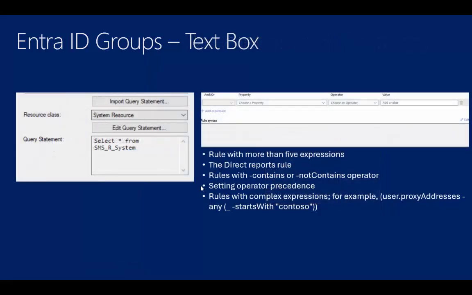Okay, the text box. This is starting to get into that area of beyond what meets the eye, perhaps, right? Whenever you go into the ConfigMgr UI and choose the various options from the dropdown, what happens in the background is a WQL query is created, right?